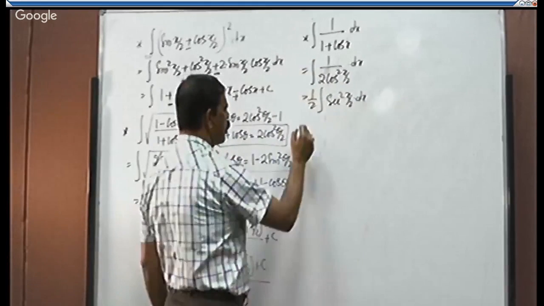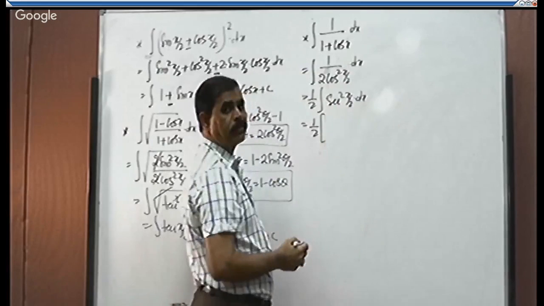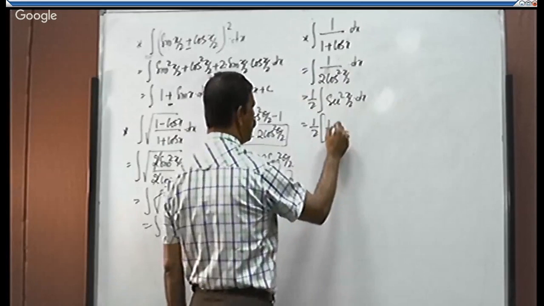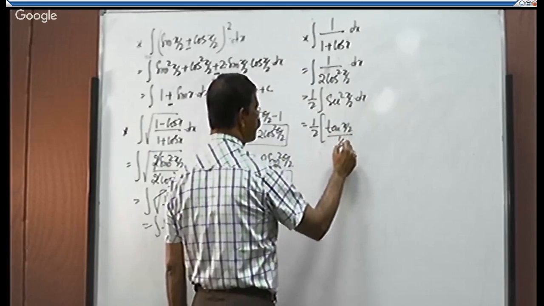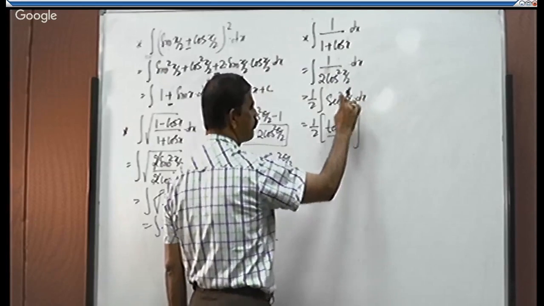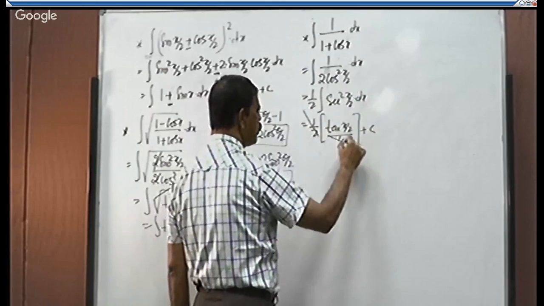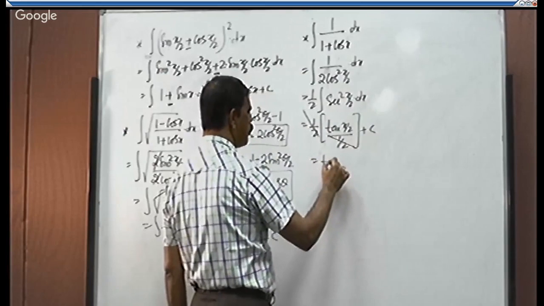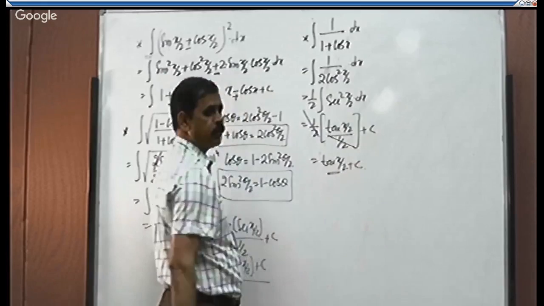You can integrate 1 by 2 into integration of secant square x. It is tan x. Correct? Tan of x by 2 divided by x coefficient. X coefficient is what? X by 2. It is 1 by 2, plus c. This 1 by 2 gets cancelled. Finally, it is tan x by 2 plus c.